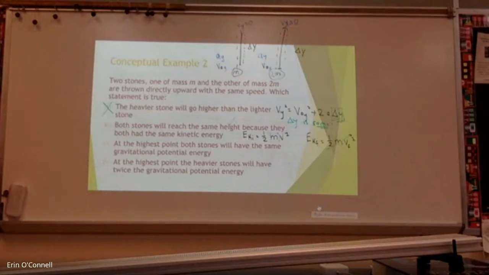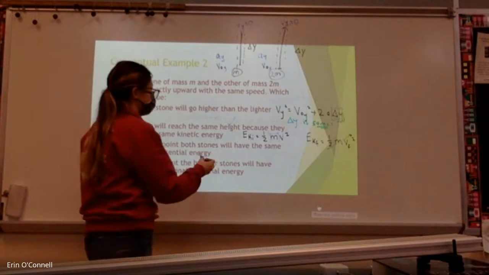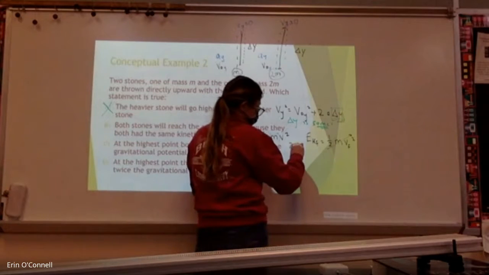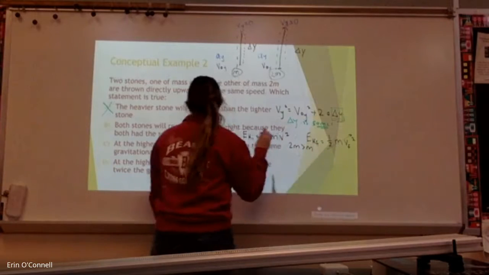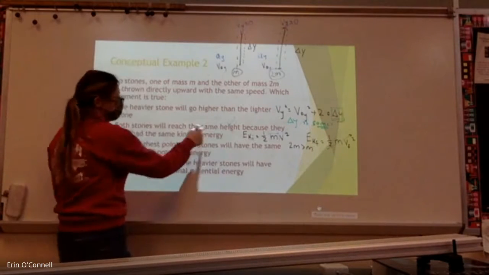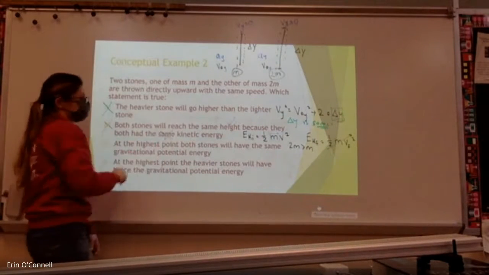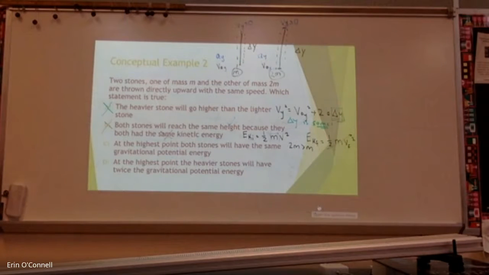So the 2m will have 2 times the amount of initial kinetic energy. 2m is larger than m, so this is not true. The first part is true, but not because of the reason they're stating. The kinetic energy by itself will not be the same.